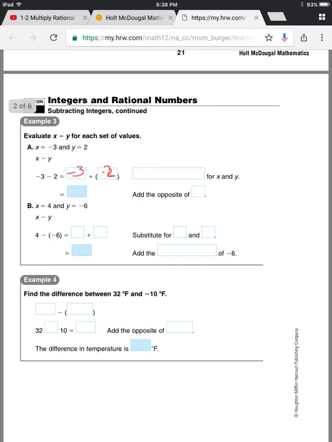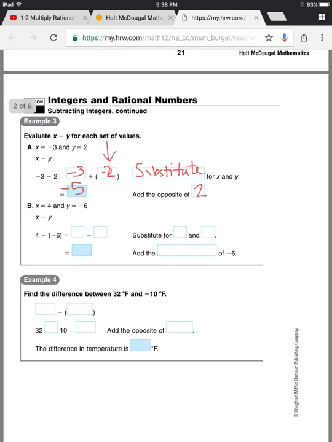So we are going to substitute. That's a substitute, by the way, for x and y. Now, we're going to add the opposite of 2, which we already did, right there. And then because they're the same sign, we add 3 and 2, and we keep the sign.